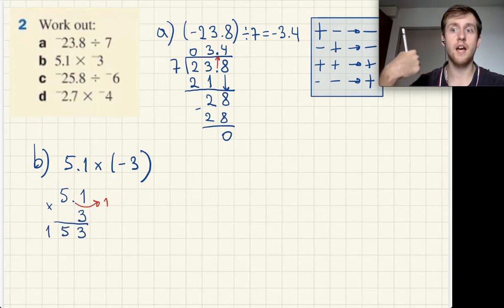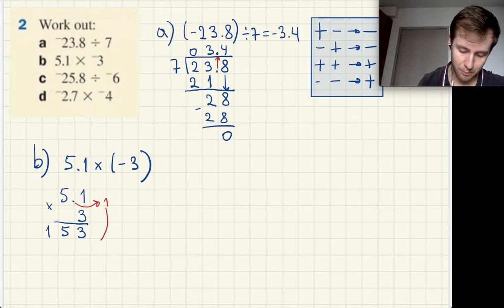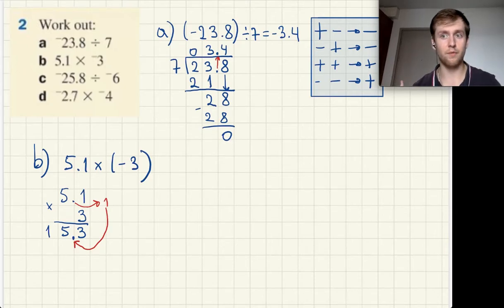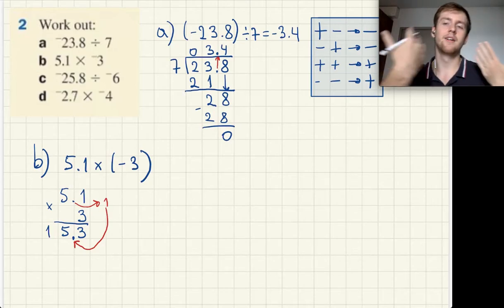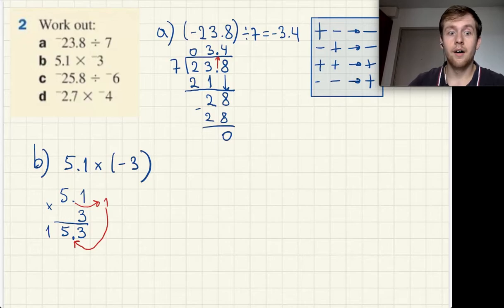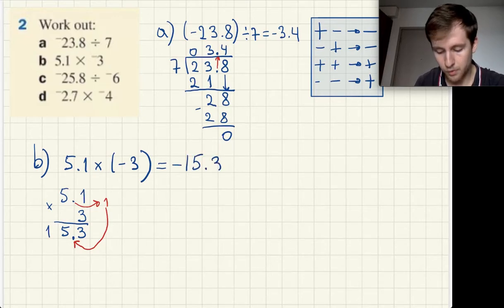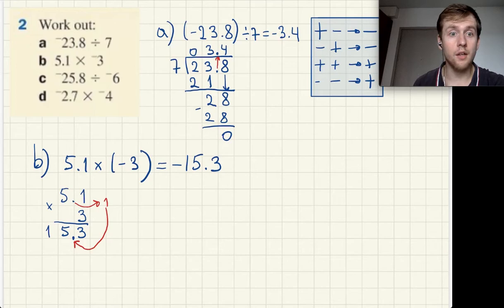But now we have to take it back. Now we have to take this thing back one number again. So we took it away from one number, we give it back again to one number, like this. And that's it. That's the answer. But don't forget that it's going to be negative. So it's negative 15.3.